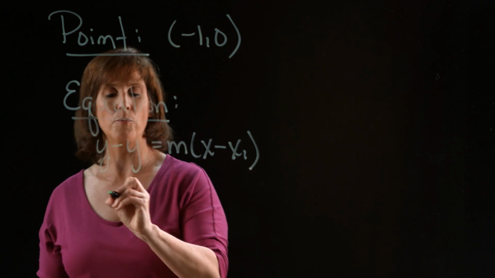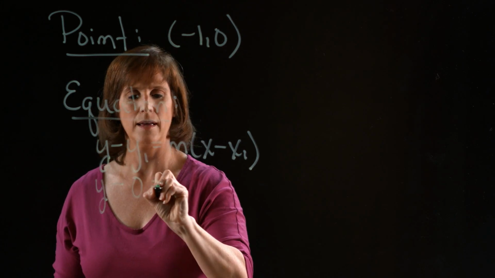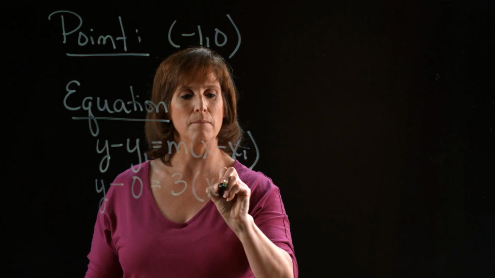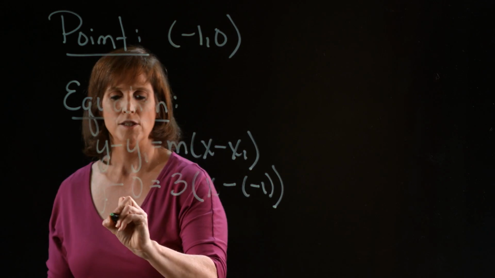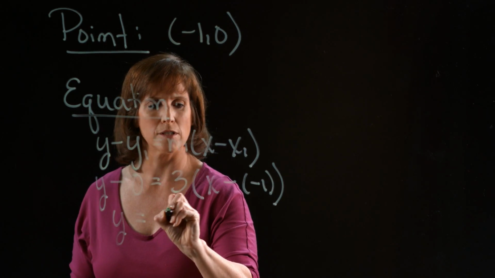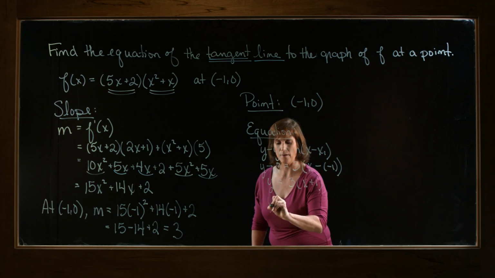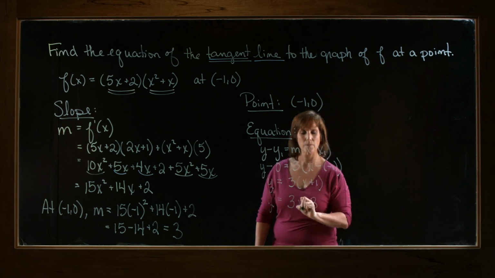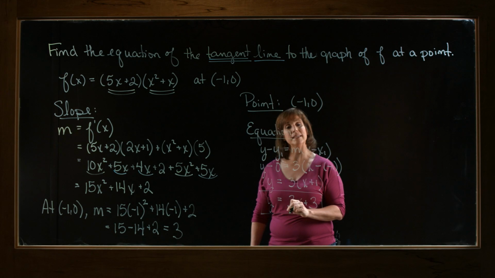So plugging in the appropriate information, I have y minus 0 equals the slope, which was 3, times x minus the x-coordinate. So that'll be a -1. So I end up with y equals 3 times the quantity x plus 1, and finally y equals 3x plus 3. This is the equation of my tangent line.